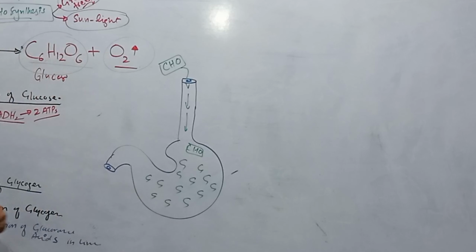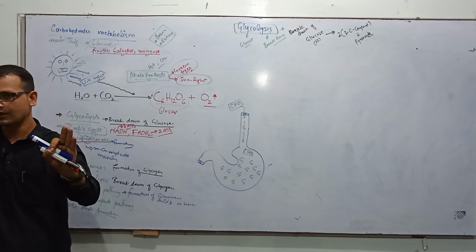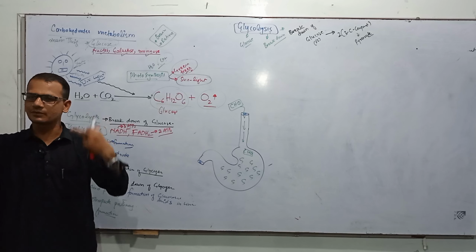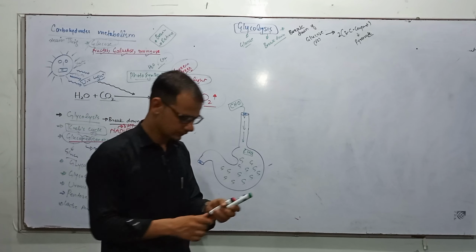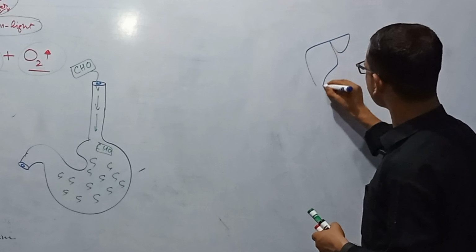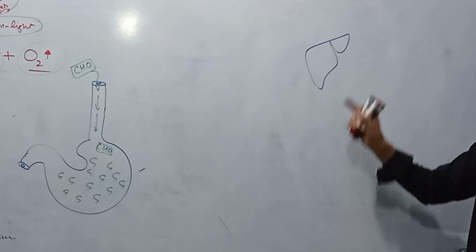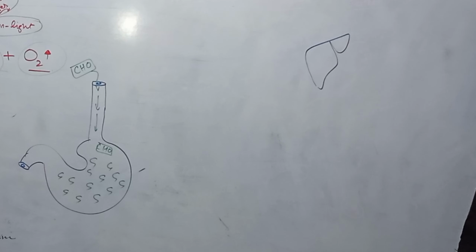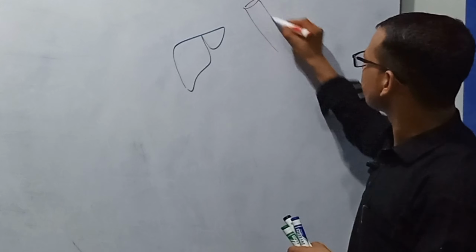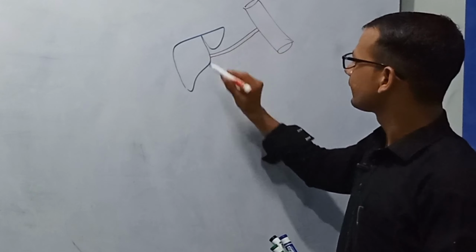Now what will happen? This glucose will go to the liver first of all. By which circulation? What is the blood supply of the liver? For example, this is the liver. Which artery is responsible for giving blood to the liver? Hepatic. This is the aorta, for example, and this is the hepatic artery.